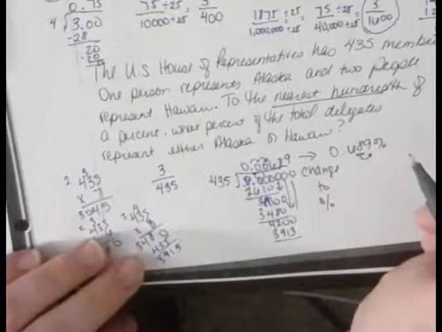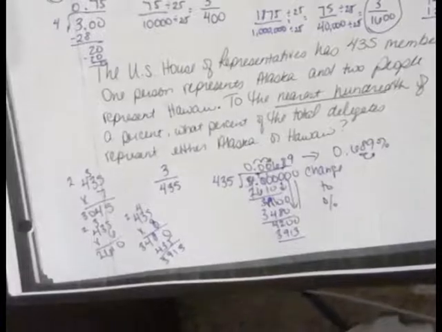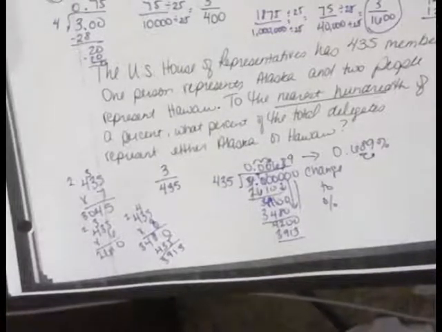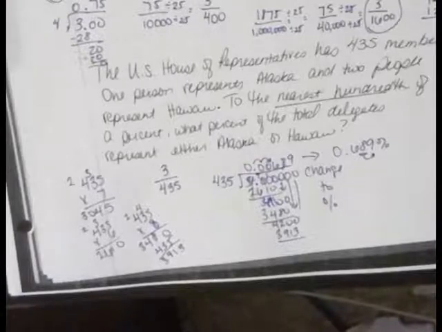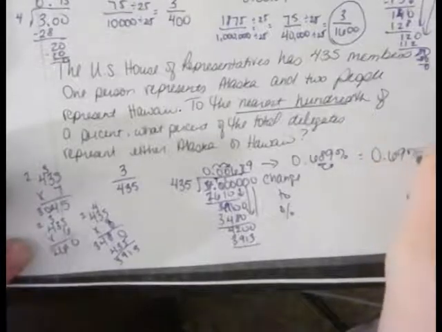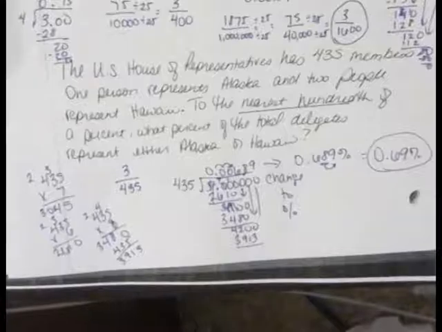So would I round up to 69 hundredths of a percent, or would I round down to 68 hundredths of a percent? Well, since 9 is bigger than 5, we would round up. So this would be 69 hundredths of a percent. Alright, that is the end of 11.6, percents less than 1%.